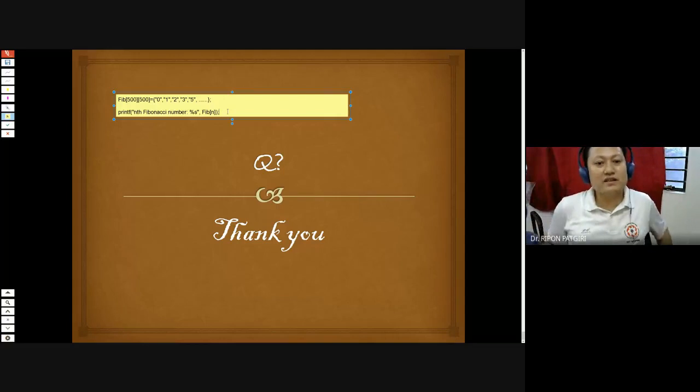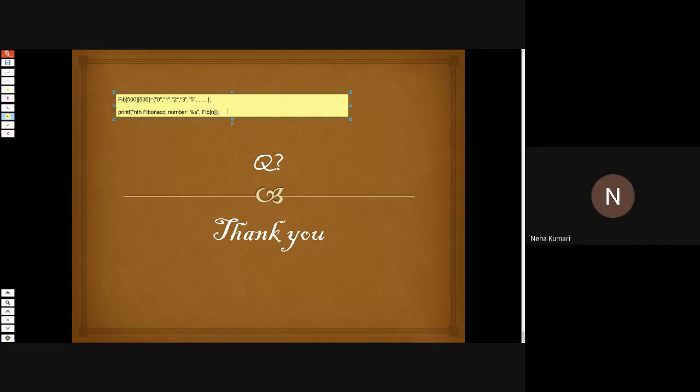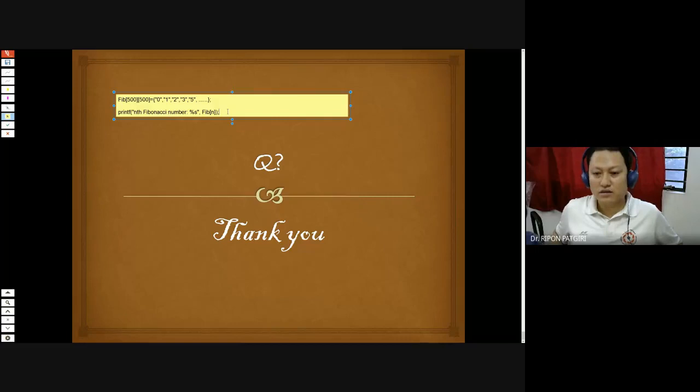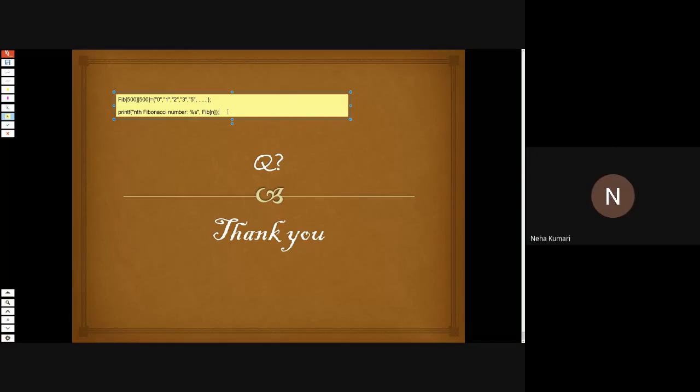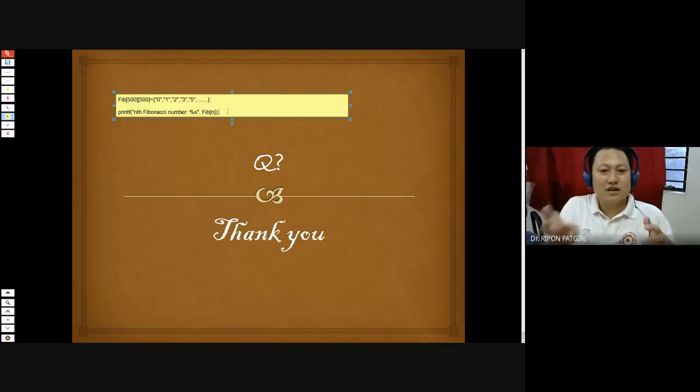So what are the difficulties with this program? What about the time complexity? Big O of 1. Will it not change? It will not change, it will take Big O of 1. No, sir, till 500 it is okay. But after that, if we want fib of 501, use the log n time complexity version that I have given.